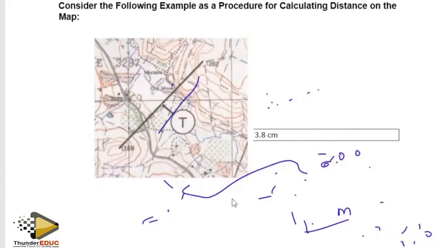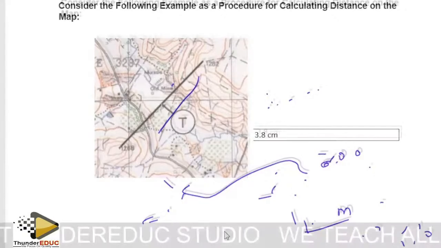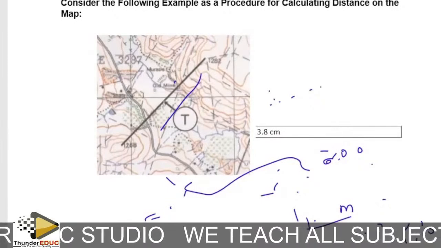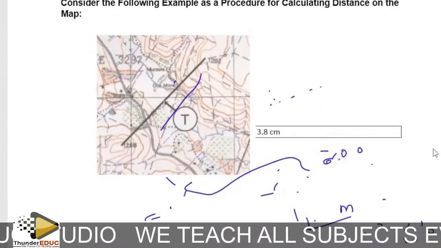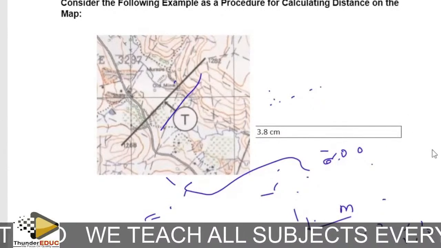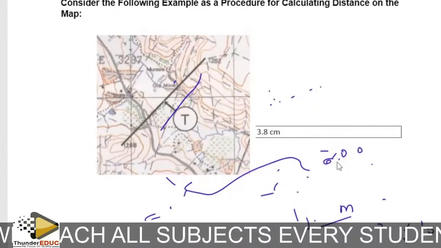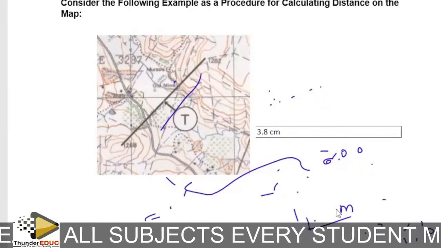If not, you use a divider. I think, learners, you know a divider in your mathematical set. A divider has two sharp points. So you put the divider along the thread and you get the distance. You transfer the divider to the ruler and you get the centimeters. Those centimeters are the ones you convert using the same procedure.